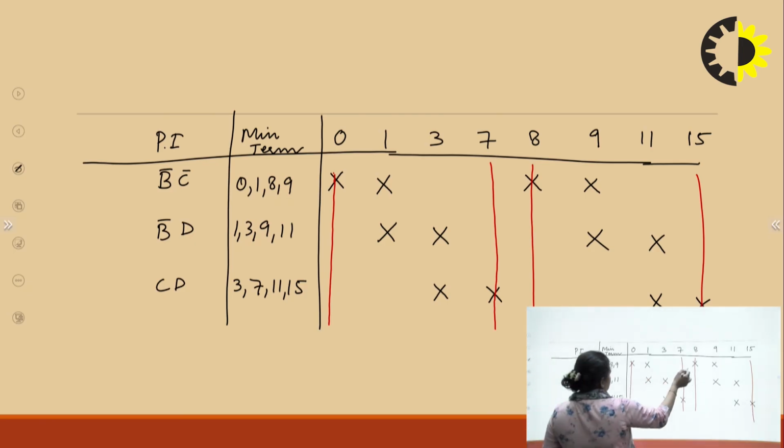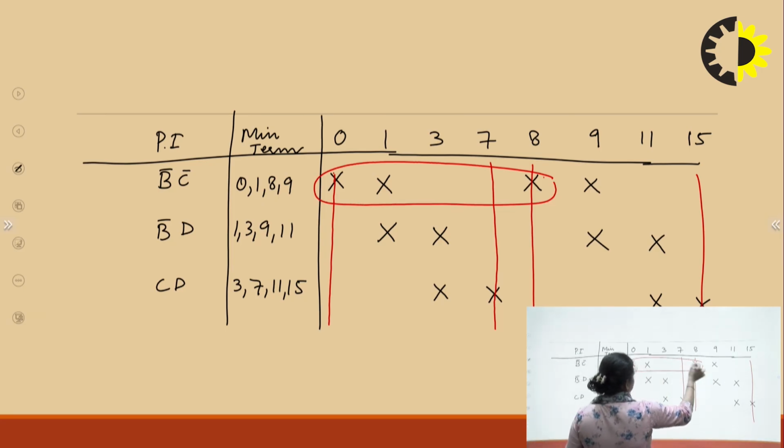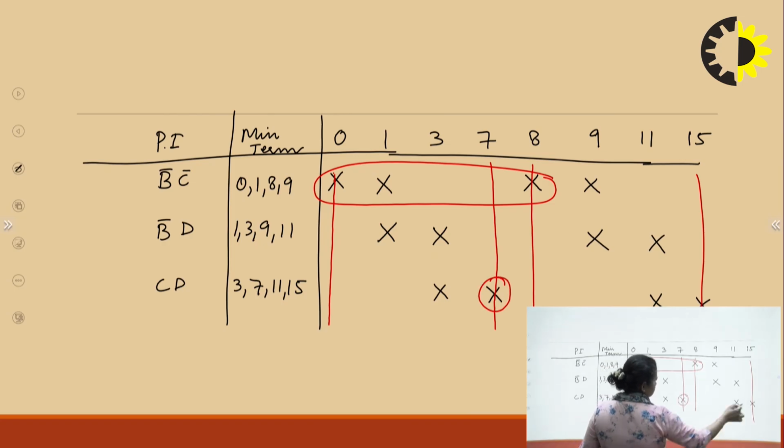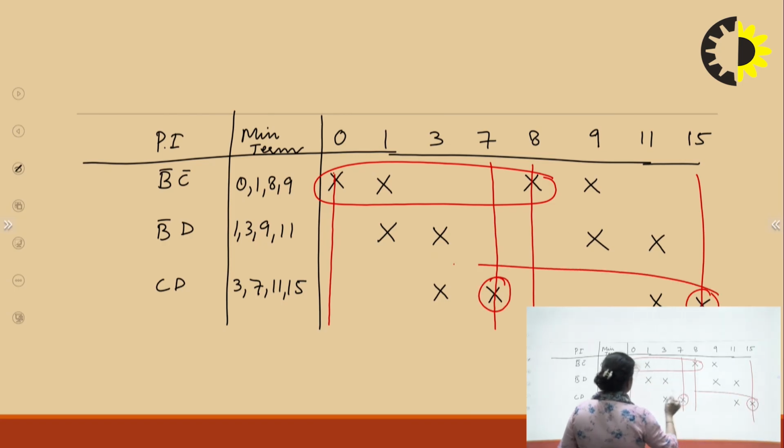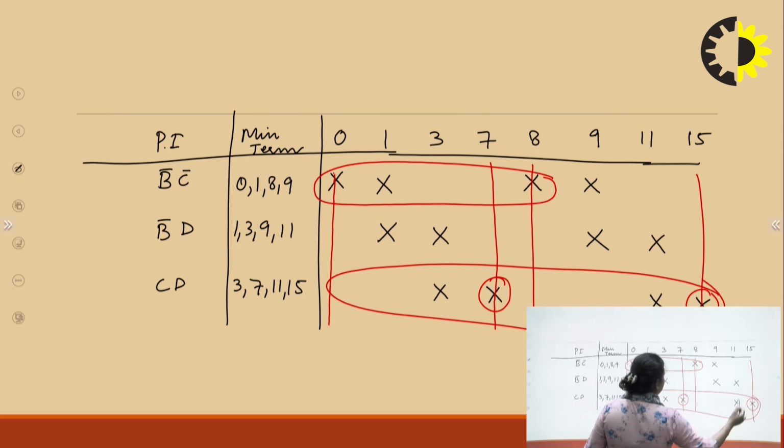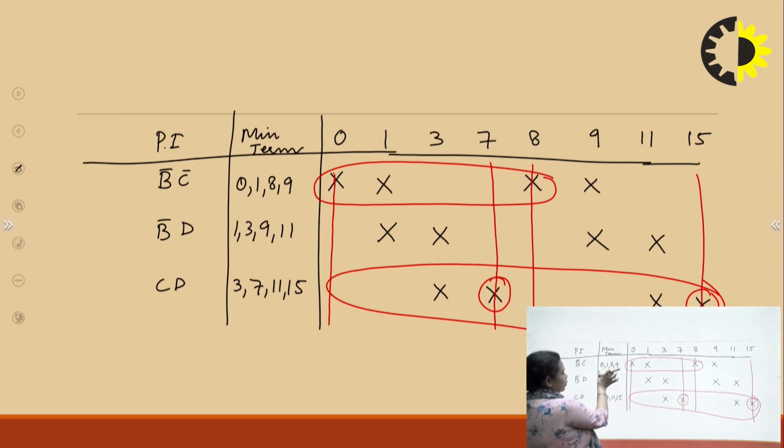Now that means that this is contributing to the final answer, and this is contributing to the final answer. How have I found this out? I have just put a tick against all the min-terms that are coming to this PI.